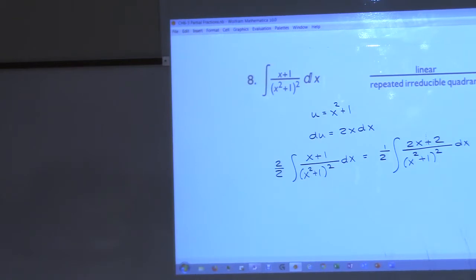Gabriel? That'll turn into 1 over 2, 2 over (x squared plus 1) squared. Okay, and so that 2, can I go ahead and clean that now? Just pull that 2 out. Is that all right? Yep. So integral 1 over (x squared plus 1) squared dx, yes?